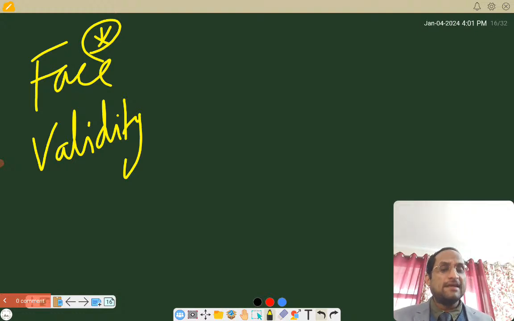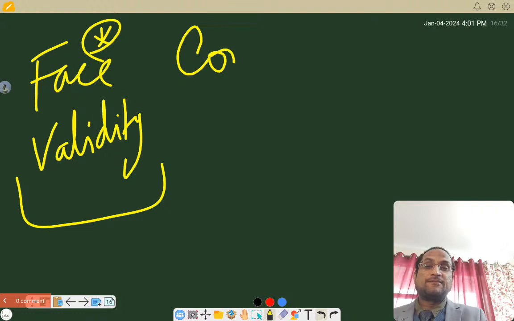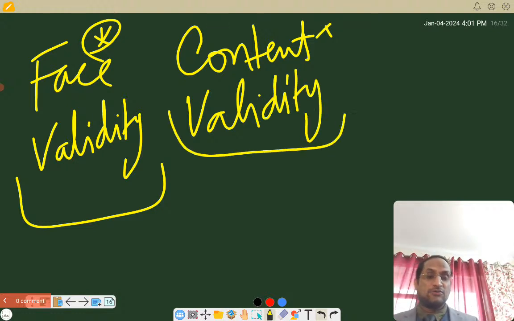And what is the construct? Like intelligence, personality, whatsoever. The test should appear as if it is measuring the same construct. Then comes your content, the content of the test. The entire range of the questions, the entire range of the items should be evaluating the same construct in question. That is content validity.